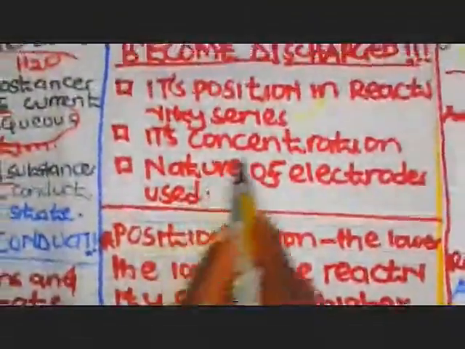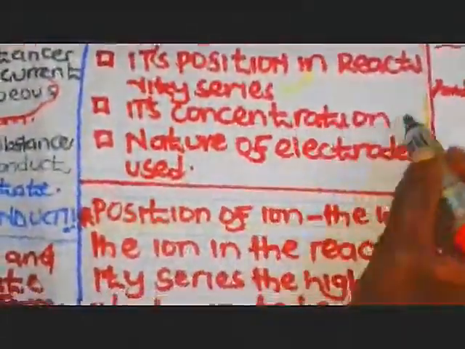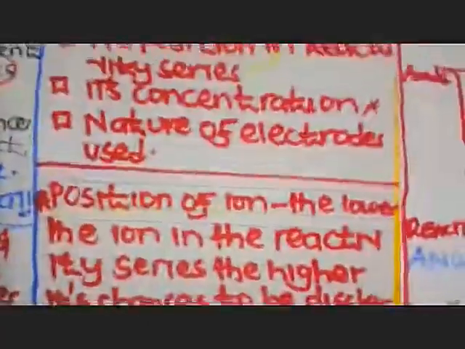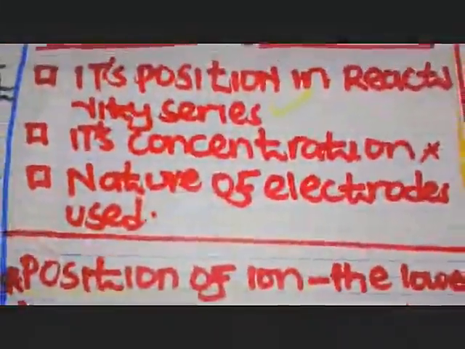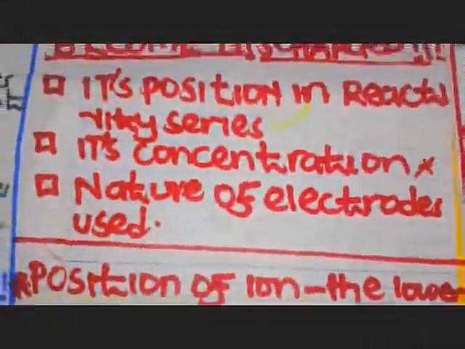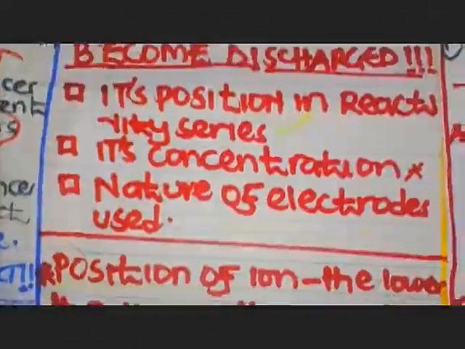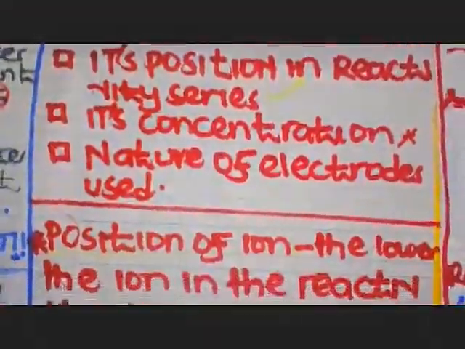Now the second factor is the concentration. The more highly concentrated the ion becomes, the higher its chances of being discharged. We can use an example. If you carry out electrolysis of concentrated sodium chloride, brine, you'll find that the number of sodium ions and chloride ions is higher.